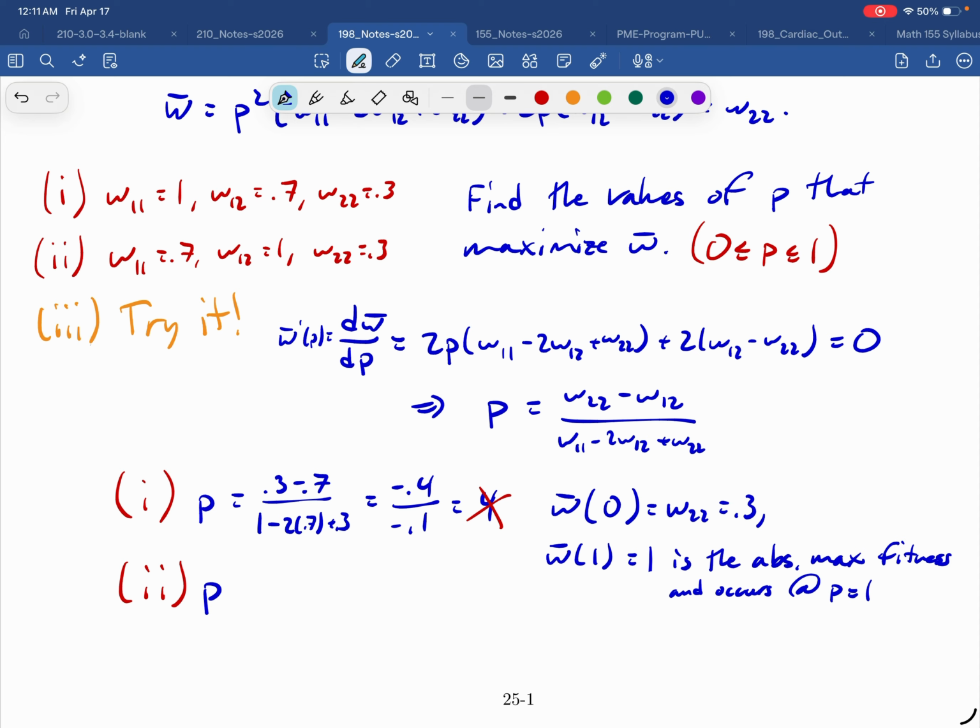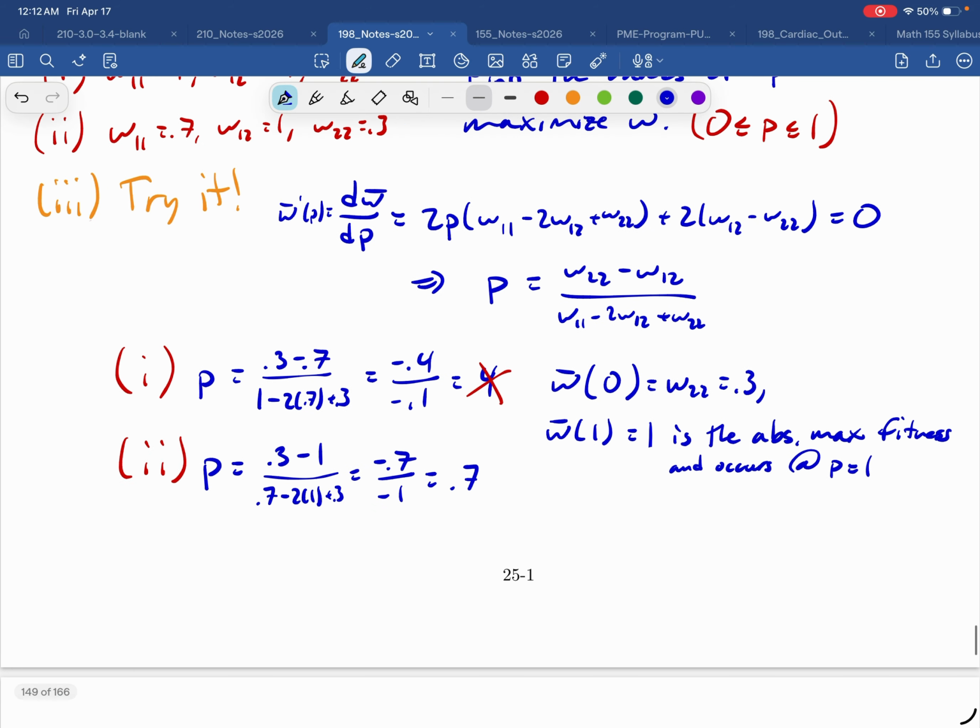And so we're going to get P equals 0.3 minus 1, all over 0.7 minus 2 times 1 plus 0.3. And this winds up being minus 0.7 over minus 1, which is 0.7.